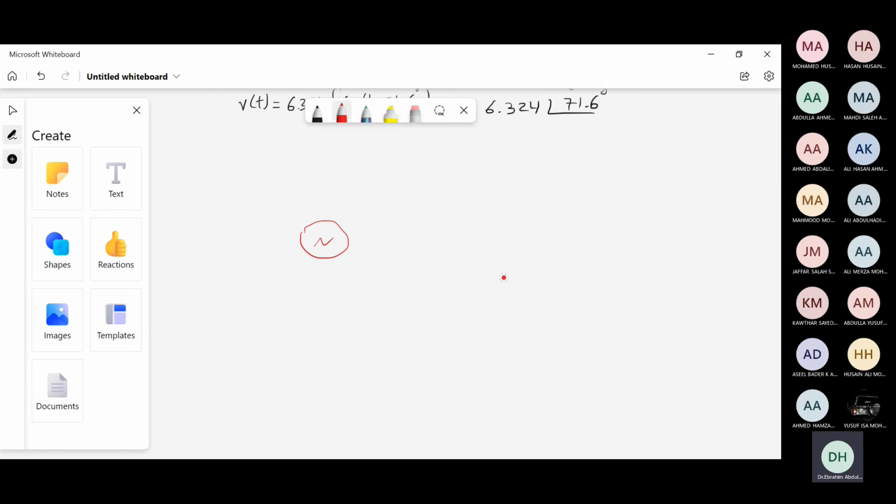So we have a supply, and we have V in general, V sine omega t. Here we have R, and here we have L. So the first step, as we said, we change this to phasor.